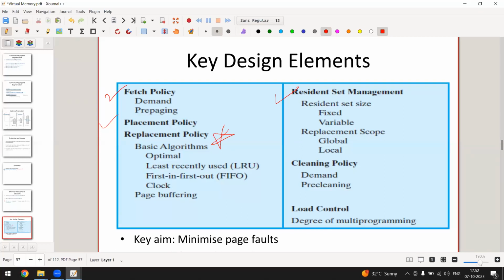Then cleaning policy, when you terminate a process, how do you clean your memory? And finally we'll see load control, how to maintain the degree of multi-programming in your system. So this will be the overall agenda for the discussion.